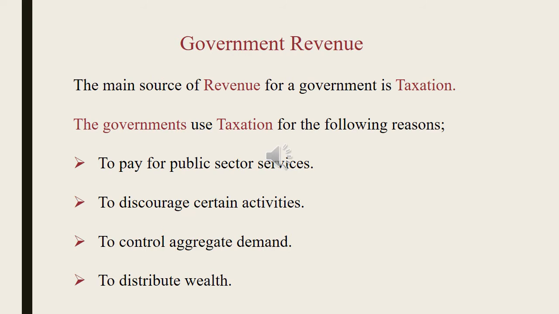Health, education, transportation, and some other services. To improve the public sector services, government needs revenue. That is why government collects tax from goods and services. And also to discourage certain activities.